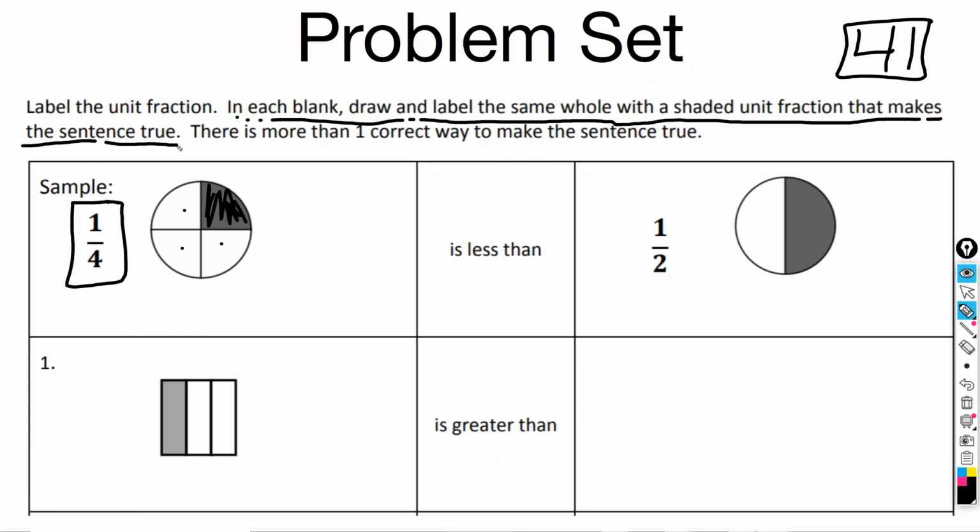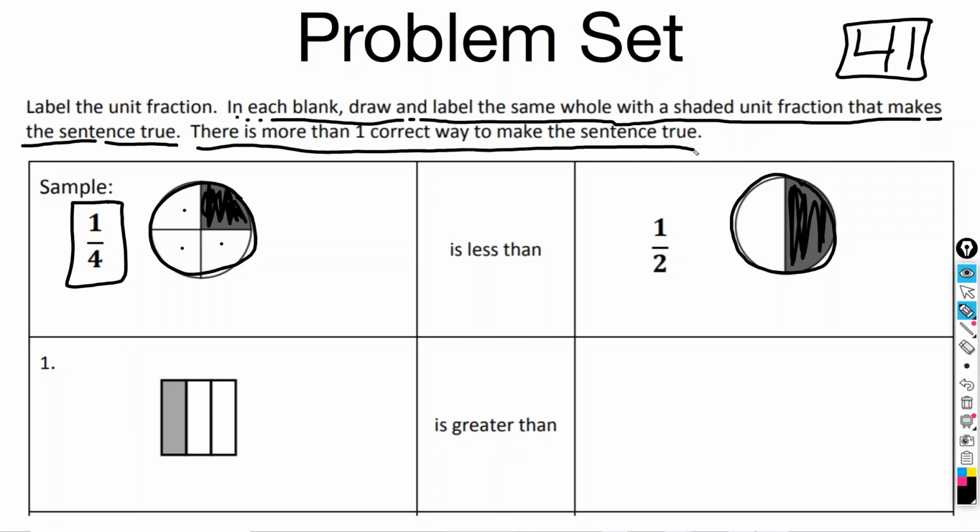So they came over here and they made a whole that was the same size as the one over here. The only way we can compare the two fractions is if the wholes are the same size. Then they had to shade a unit fraction that makes the sentence true. So 1/4 is less than 1/2. That is true. This shaded area is smaller than or less than this shaded area. And then it just says here, there is more than one correct way to make the sentence true.